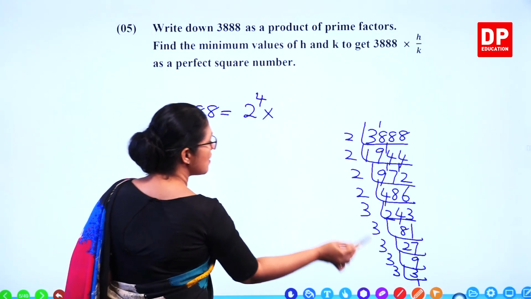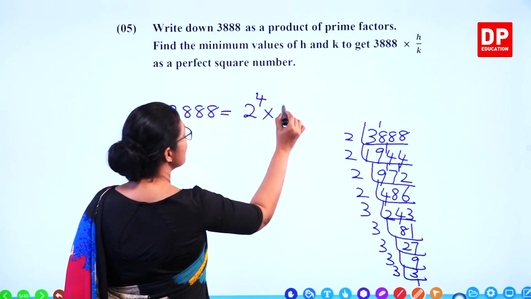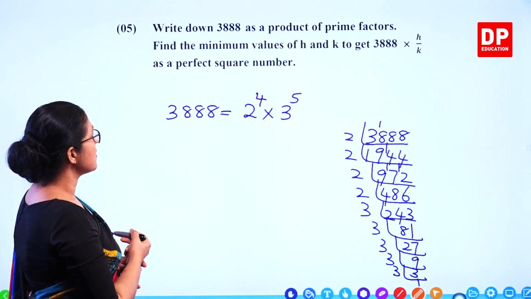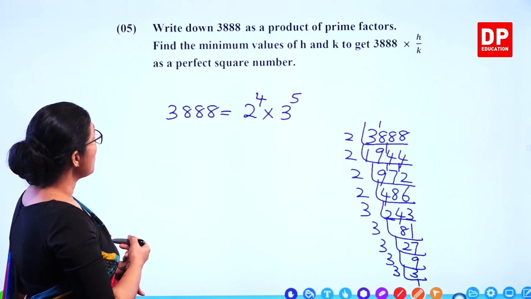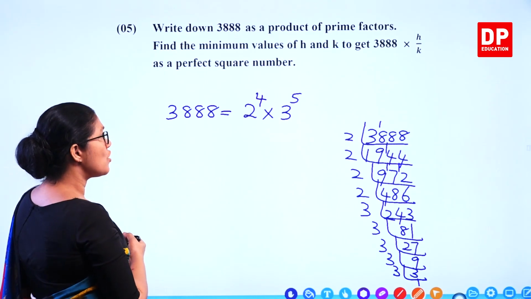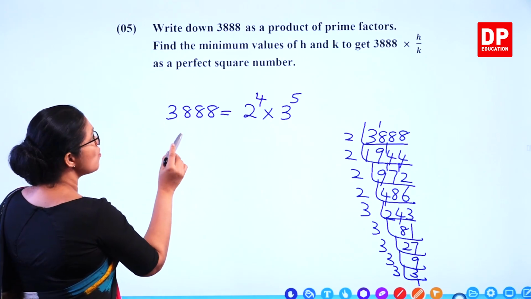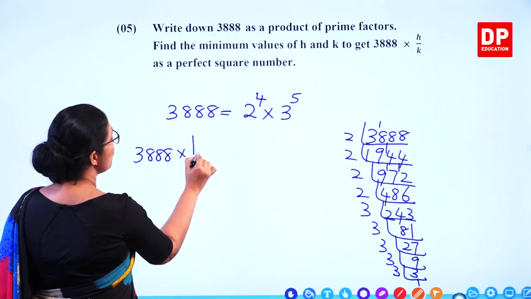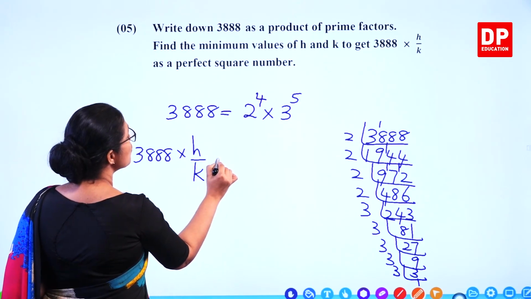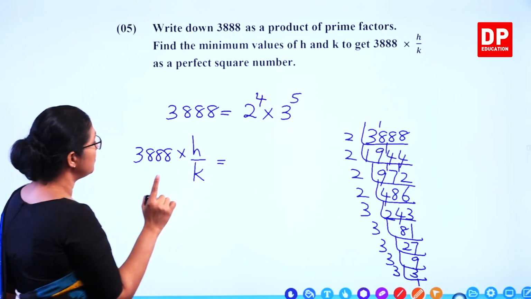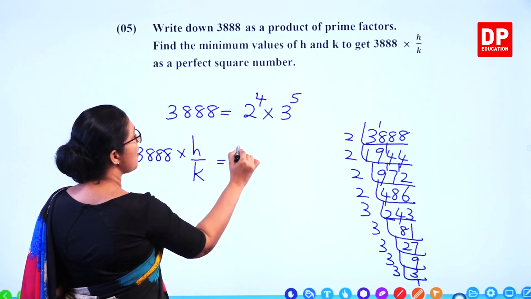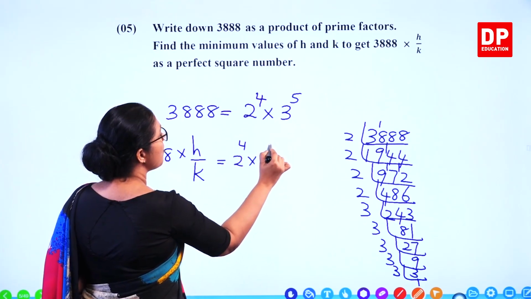How many 3's? 1, 2, 3, 4, 5. So that's the product of prime factors. Then the next one, find the minimum value of h and k to get 3888 into h over k as a perfect square number. So 3888 you can write 2 to the power 4 and 3 to the power 5.